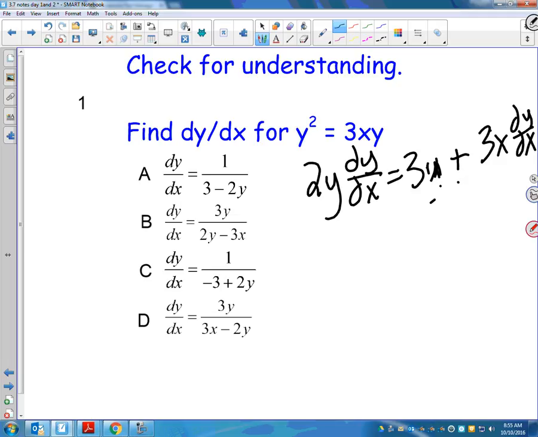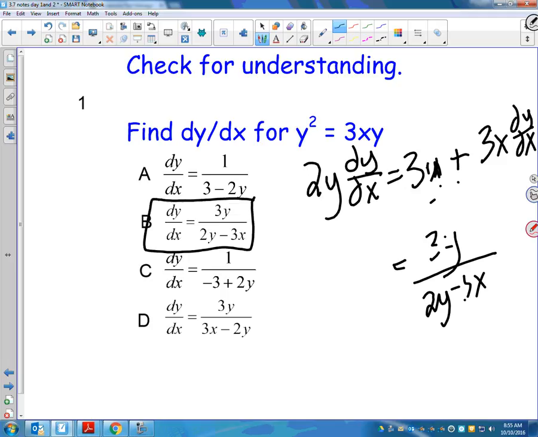This is supposed to be y. So I just said, oh, well, the 3y is going to stay on this side. And then if I move that over there, I would divide by it. So that would leave me 2y minus 3x on the bottom. That was me not showing any work to match that up. But I think B is the right answer. So did you have 3x minus 2y on the bottom? Yeah. So that would still match B, right? Yeah, because I just got a negative one side, negative 3y on top. Yeah. So you just have to be really careful about matching those up because they're tricky on multiple choice.